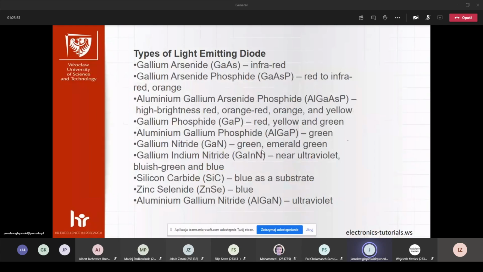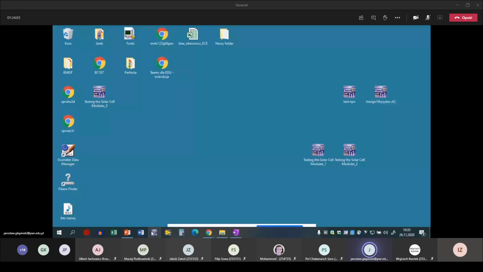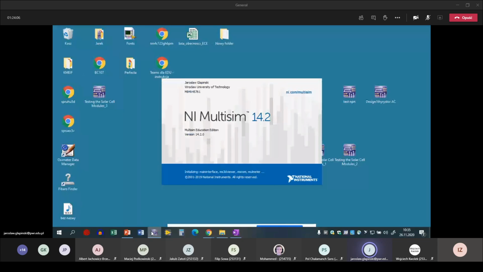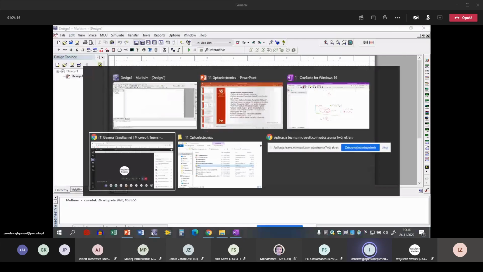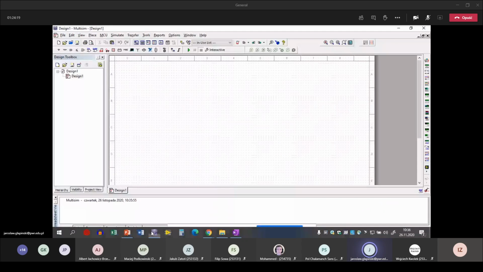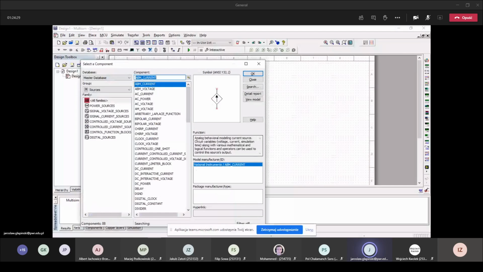Maybe we can make an experiment. What's the time? Okay, we've got time. Can you see Multisim? Yes. Okay, so we can prepare a small circuit.